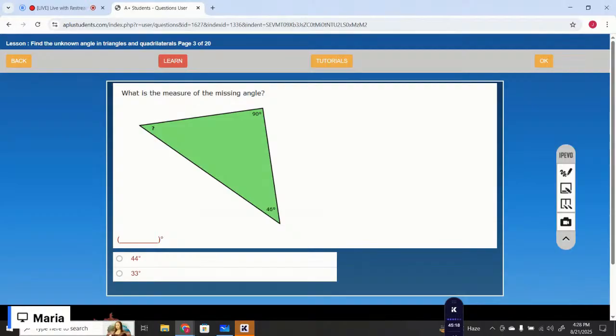So 90 degrees plus 46 is 136. So the missing angle is 44 degrees, option number 1 is the correct option.